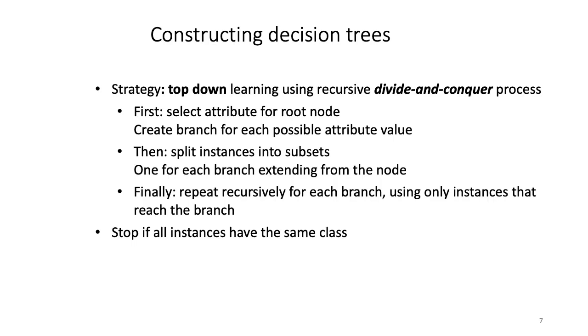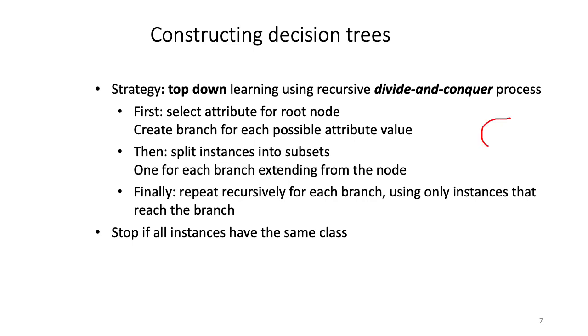So decision trees are based upon the divide and conquer algorithm, or top-down learning, where you start by finding the root node and then you start recursively creating branches and creating different subsets of your data that will go under each one of the branches that you've created.